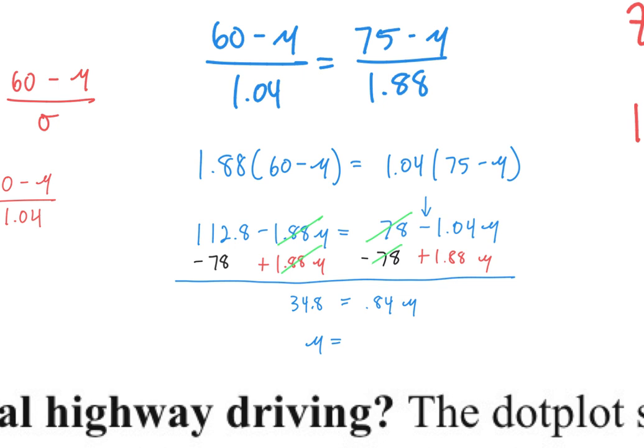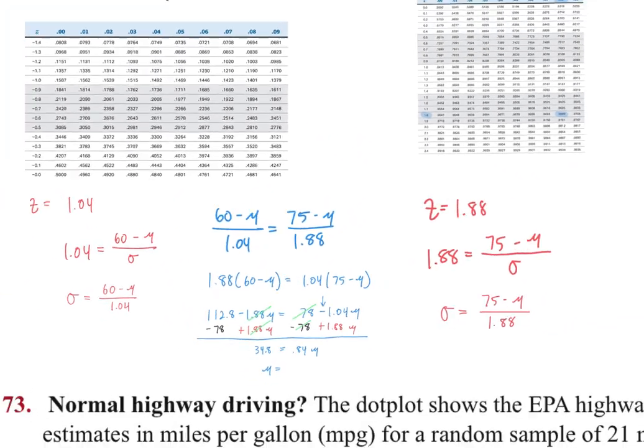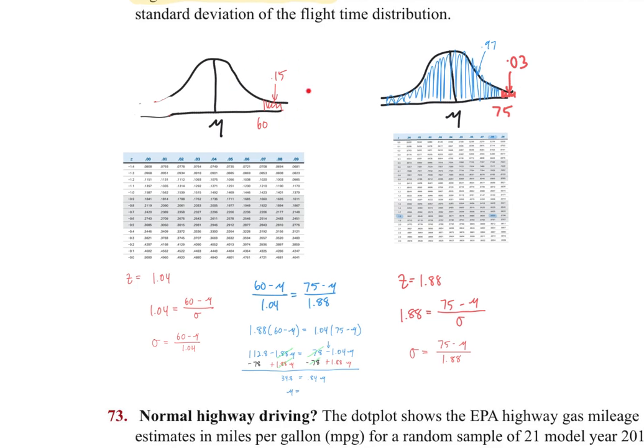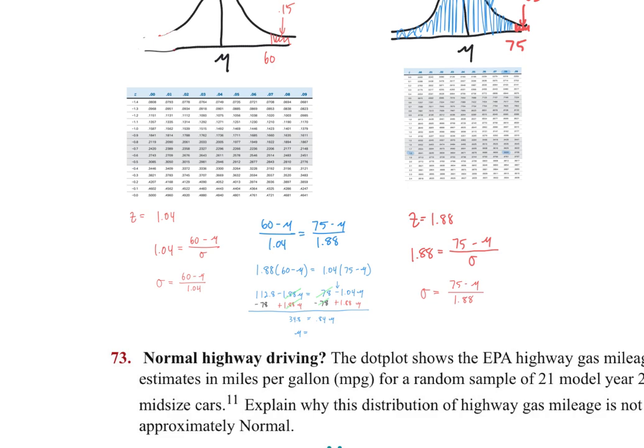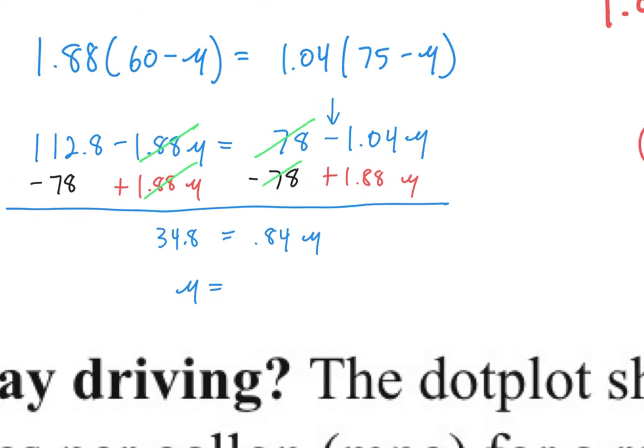For some reason I forgot that, if we look back to our distributions now that I fixed this, it makes sense our mean should be less than 60 and 75. So when we divide those, we end up getting 41.429. And that makes sense now.